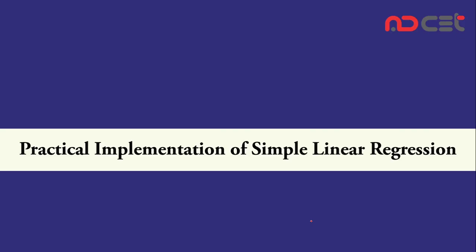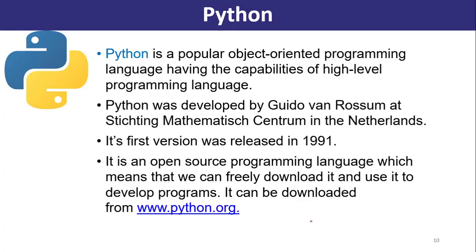Fine. Now, as far as practical implementation of simple linear regression is concerned, we are making use of the programming language Python, okay. So Python is a popular object-oriented programming language having the capabilities of a high-level programming language, and Python was developed by Guido van Rossum at Stichting Mathematisch Centrum in the Netherlands.